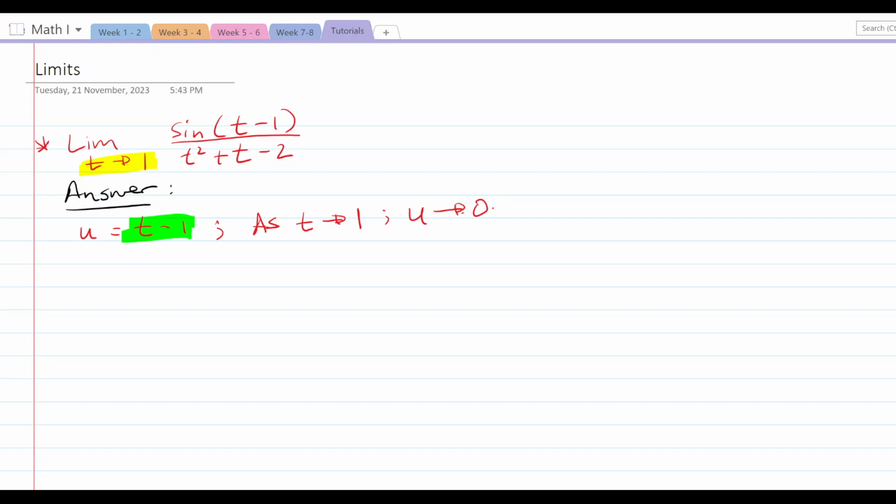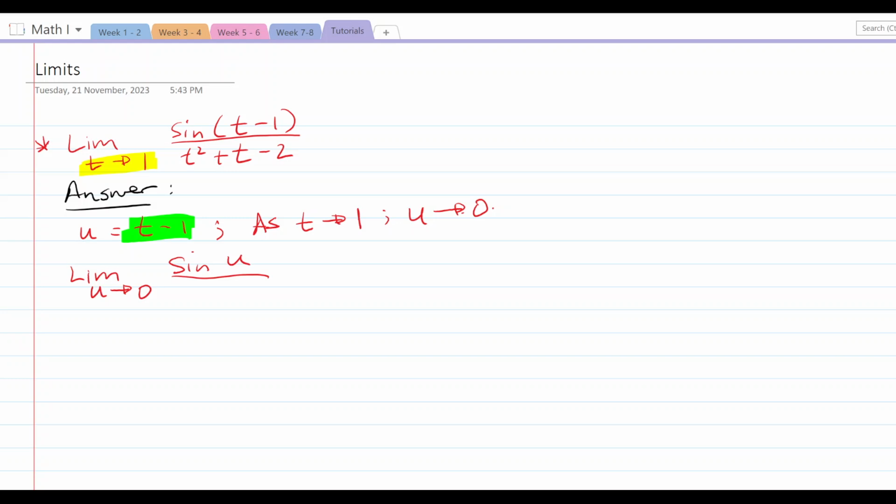So let's change our question, or create the equivalent one. It will be the limit as u approaches 0 of sine u, because t minus 1 equals u, over t squared plus t minus 2, which can be factorized.